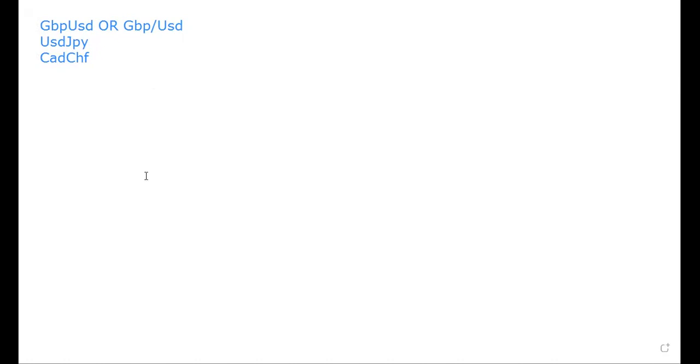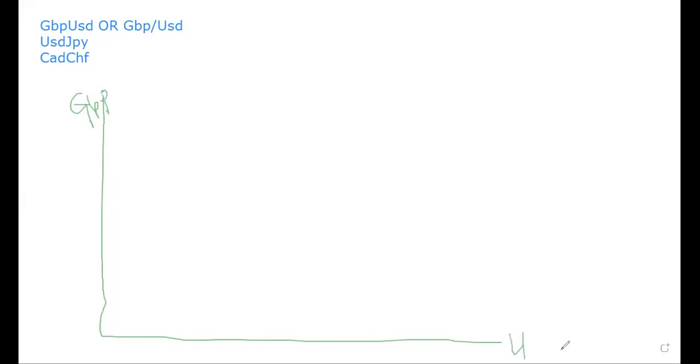I'm going to explain, because what we're looking into is practical price action. I'm trying to help you get the understanding behind price, how it moves, why it moves, what influences it. So you have GBP USD, and the reason is because the chart that you see is not in particular a chart of GBP against USD.